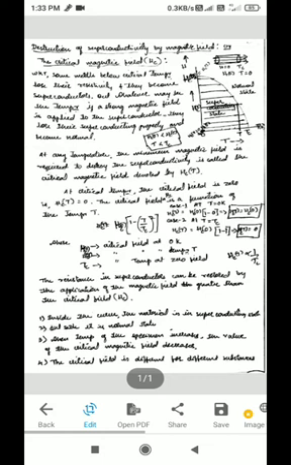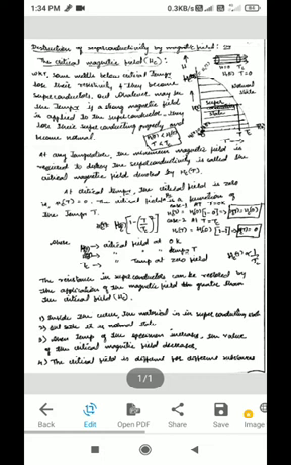Whenever we cool the material, at the critical temperature it becomes a superconductor, going from normal conductor to superconductor. At Tc, the critical magnetic field is 0.